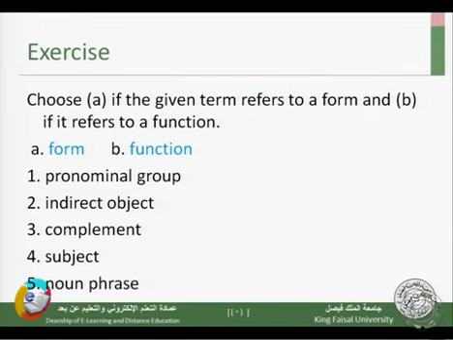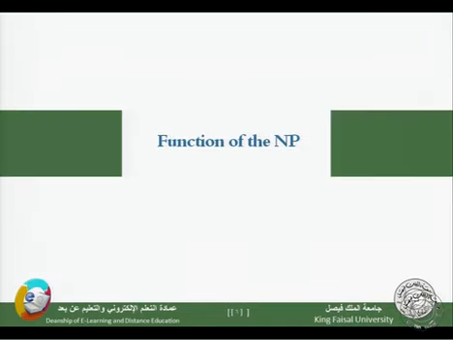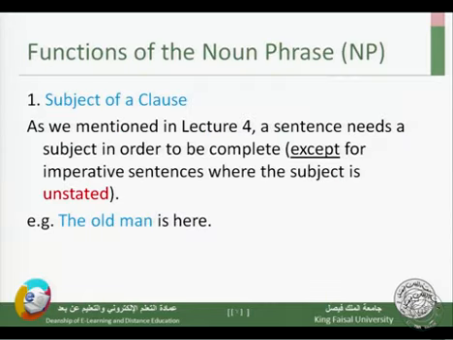So the correct answer for number five is A, form. Now we'll look at the function of the NP. NP, as you remember, is the abbreviation of noun phrase. So we will see the different functions of the noun phrase, or NP.